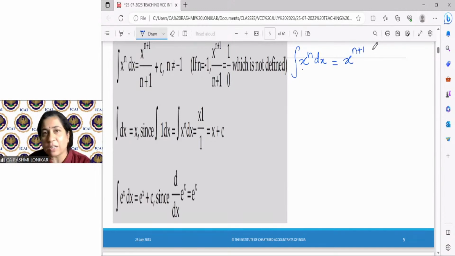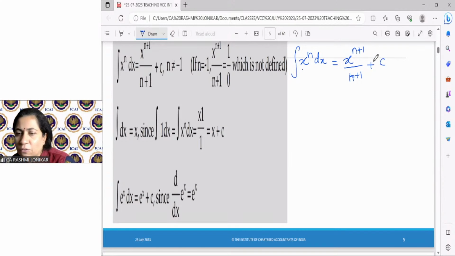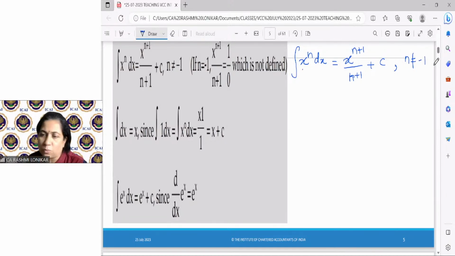In differentiation we did minus 1; here it will be plus 1. C is what we have to find out. And here you have to just remember that n is not equal to minus 1, so we have to be careful. That is the formula.